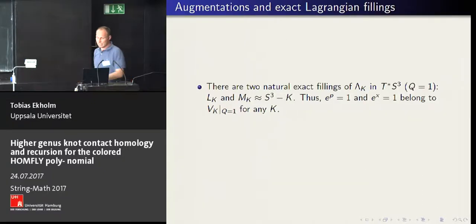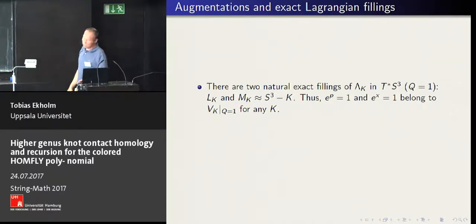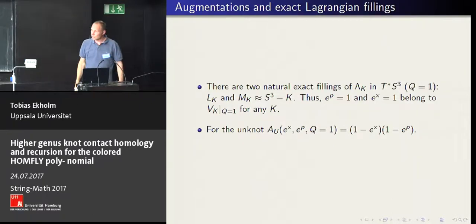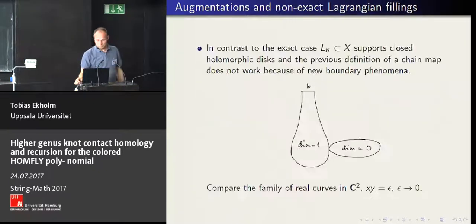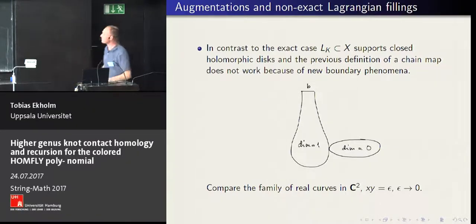And therefore, we find that e to the p is equal to 1 and e to the x is equal to 1, meaning just we fill in one of the cycles or the other one, belong to this augmentation variety for any knot. And in fact, for the unknot, this is equal to the augmentation variety, and it's the only knot with this property. But I want to come to the end, so I won't discuss this more.